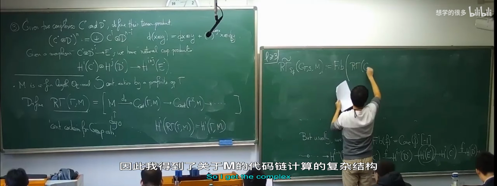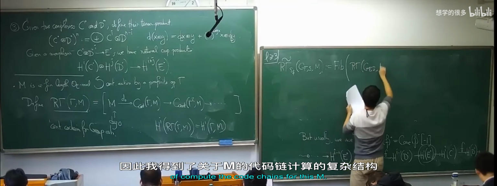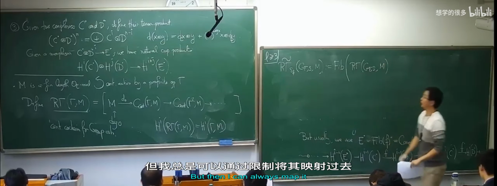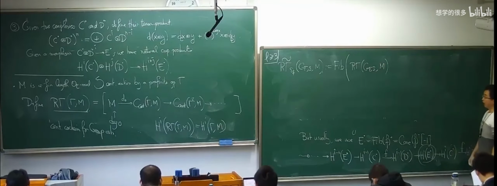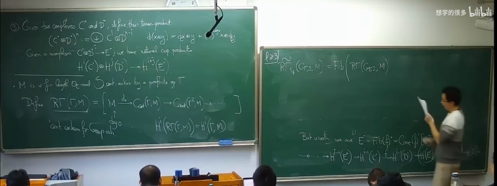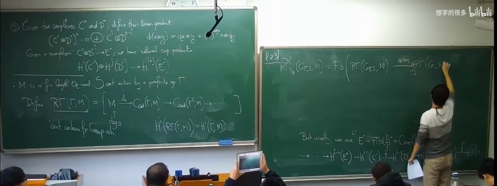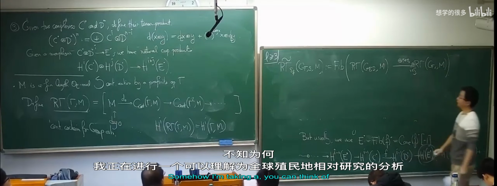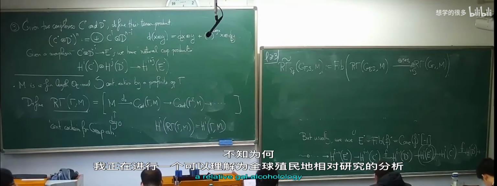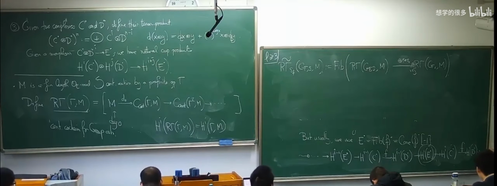So I get the complex of continuous cochains for this M, but then I can always map it by restriction. I have a continuous cochain and I can restrict the value to all the subgroups, to the direct sum of all the v over S of G_{F_v}. Somehow you can think of it as a kind of relative Galois cohomology of the global cohomology relative to the local one.